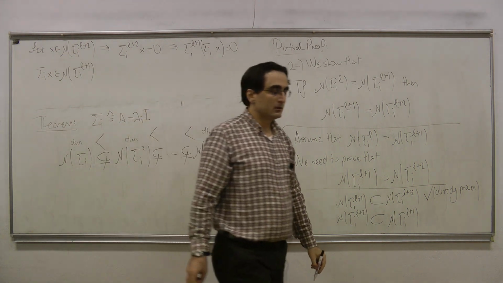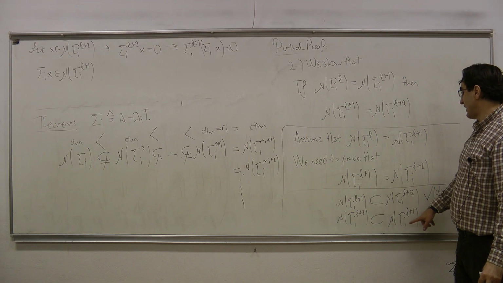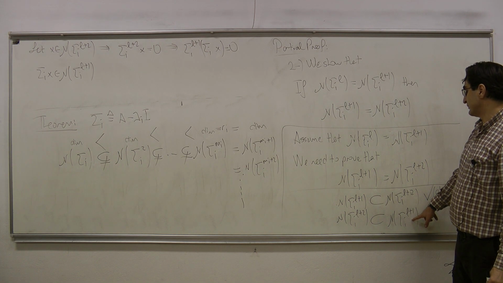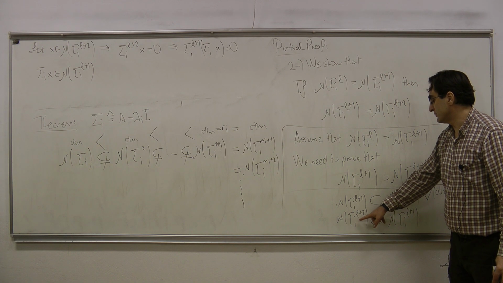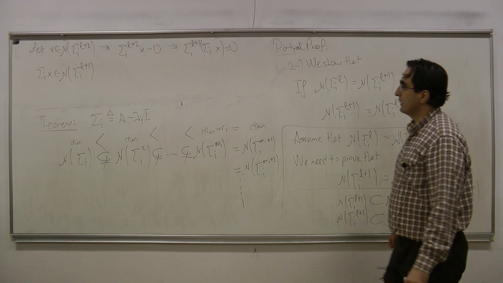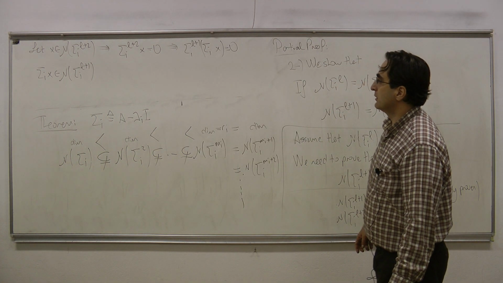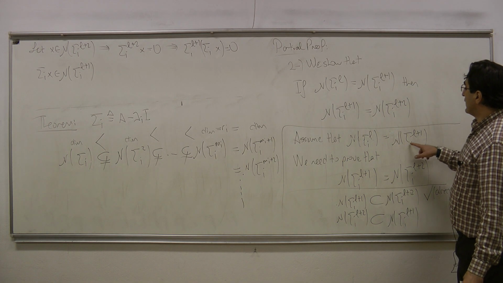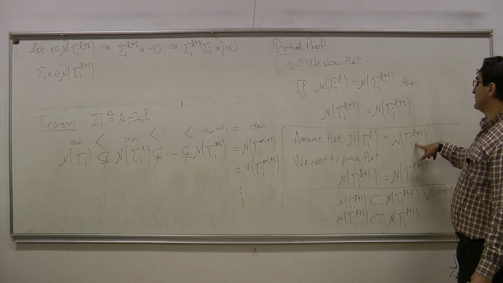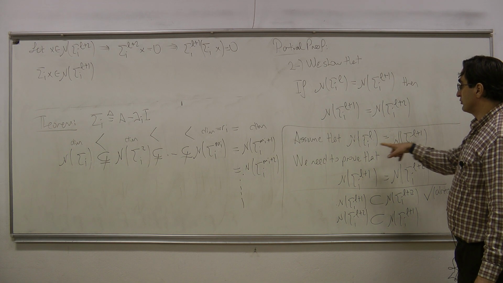What we are trying to show is that X is inside this null space. I assume that X is in this one, and I need to show that X is in this as well. But I know that the null space of sigma I to the L plus 1 is equal to the null space of sigma I to the L by the assumption.